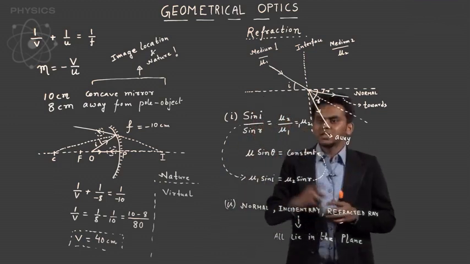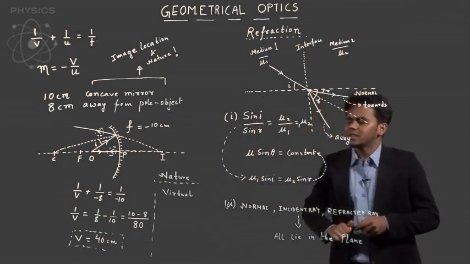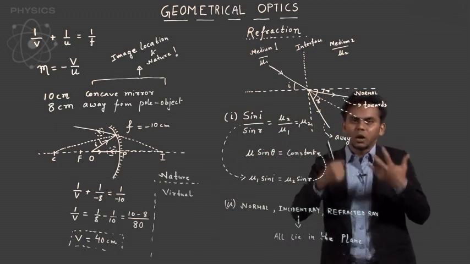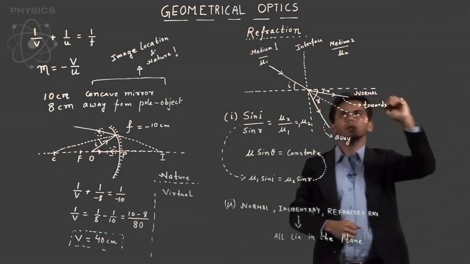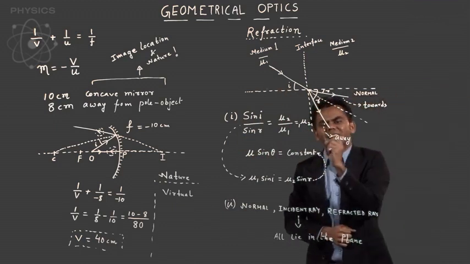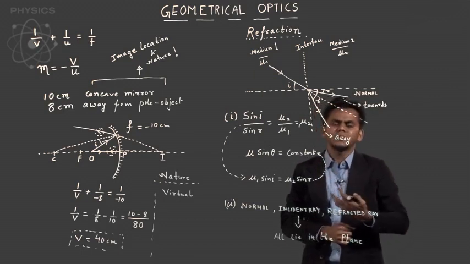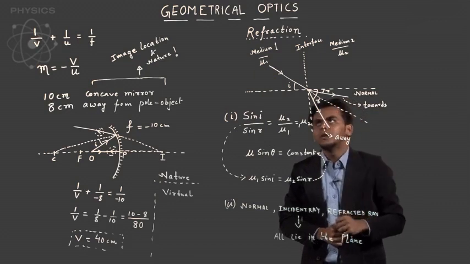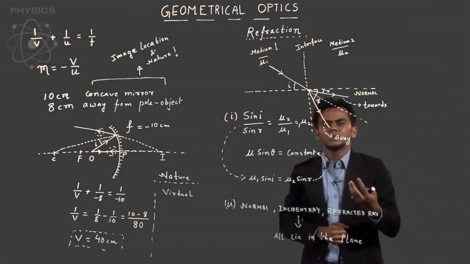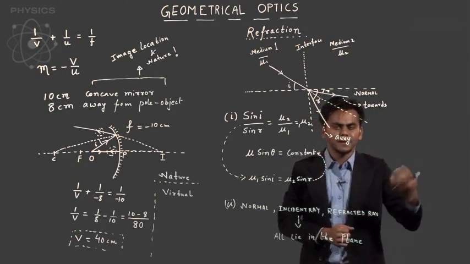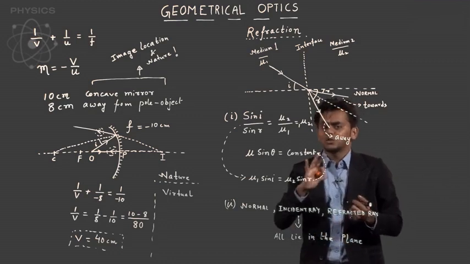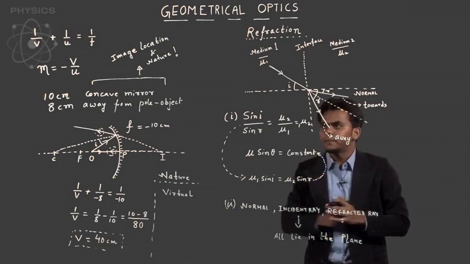Now, let's try to understand this one in more detail. The thing which you would be encountering is that one of the media would be vacuum or air. Sometimes air is treated as vacuum and the refractive index is just treated as 1. So the speed of light in air or vacuum is treated as 3 into 10 to the power 8 meter per second. But actually that's not true, but we'll just take that for granted.